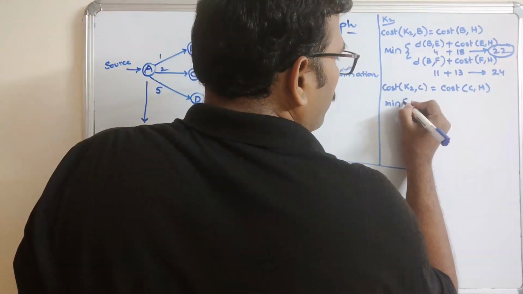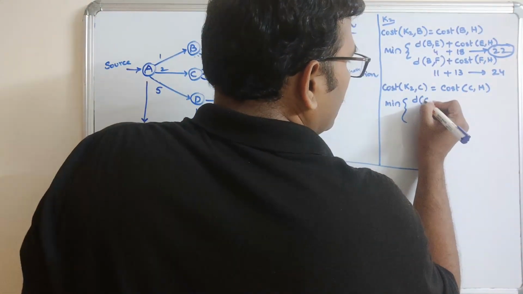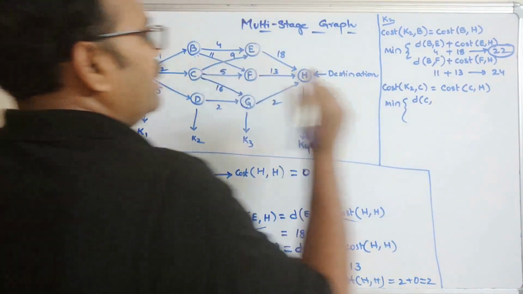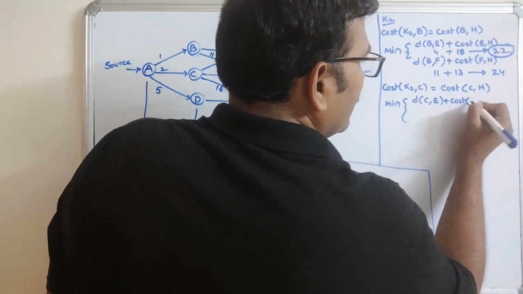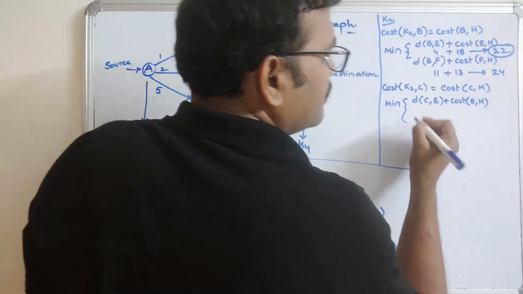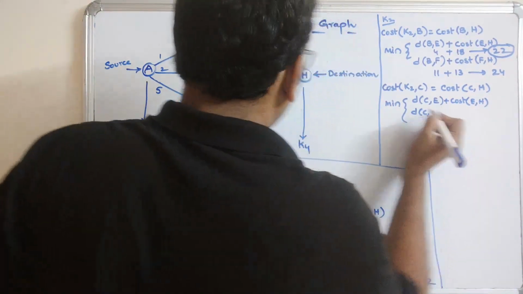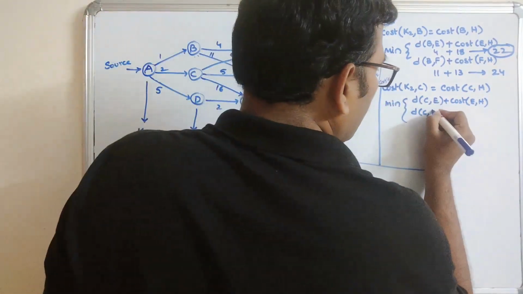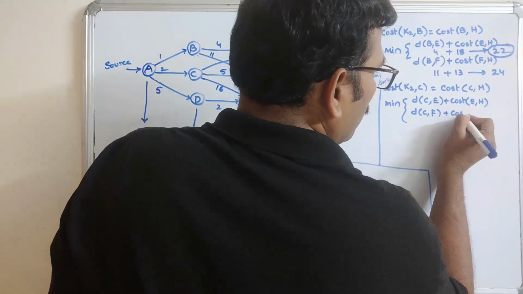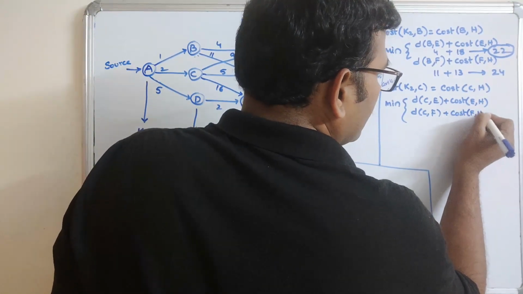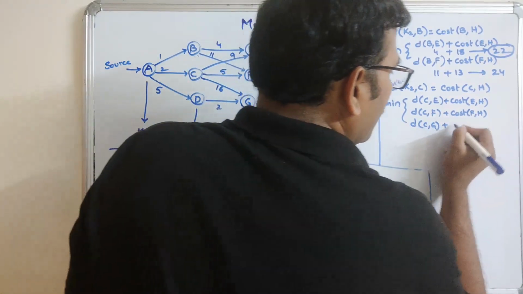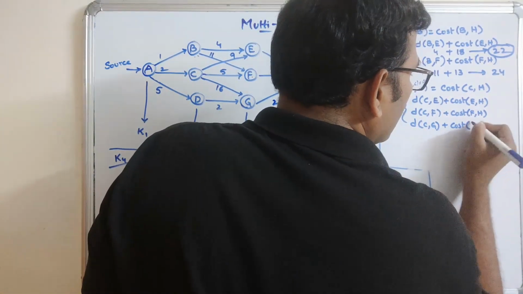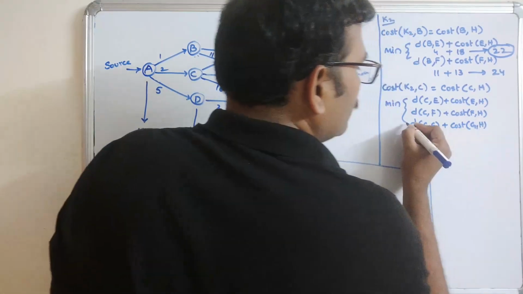So minimum of D of C to E plus cost of E to H. Similarly, D of C to F plus cost of F to H. Similarly, D of C to G plus cost of G to H.